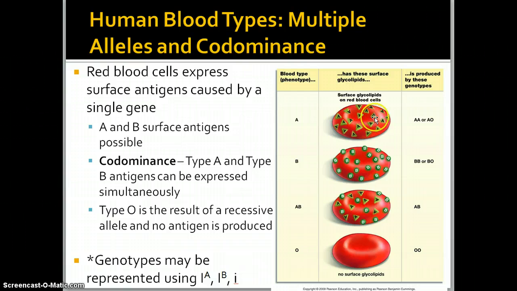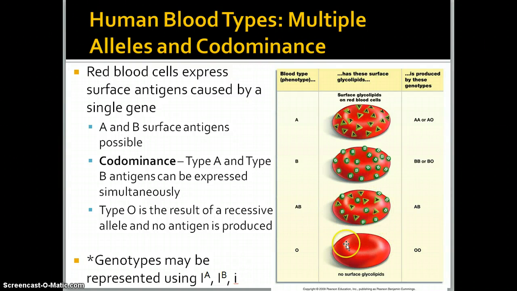So individuals over here, if you look, that have type A blood have just A surface proteins. Individuals that have type B blood have B. However, you can have a codominant condition where an individual is expressing both A and B. So A and B are both dominant, and they can be expressed at the same time, which is codominance.